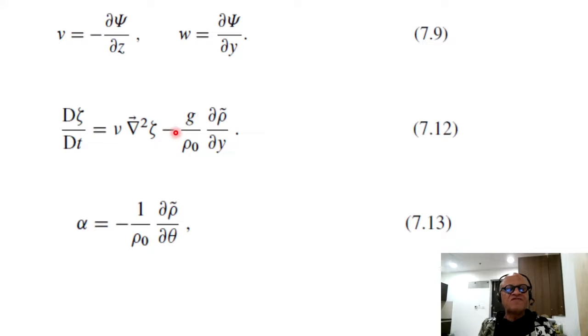And the second term in the vorticity equation is minus g over rho 0 del rho tilde del y, which is the perturbation to the background density profile. And obviously we can write a volume expansion coefficient for rho tilde in terms of the background density and the dependence of the perturbation on temperature change in the meridional vertical plane.